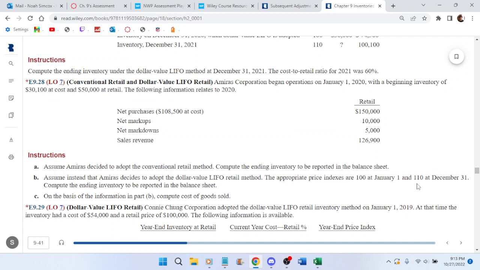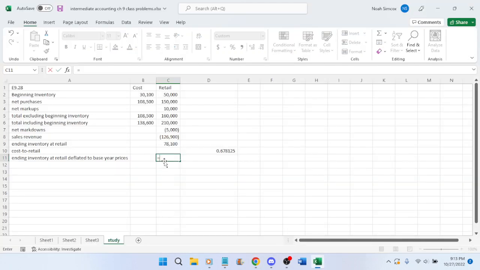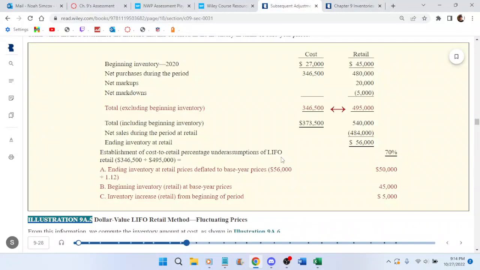So you do your number divided by 110. Divide by 1.1. What's the next step? I already forgot what to do.